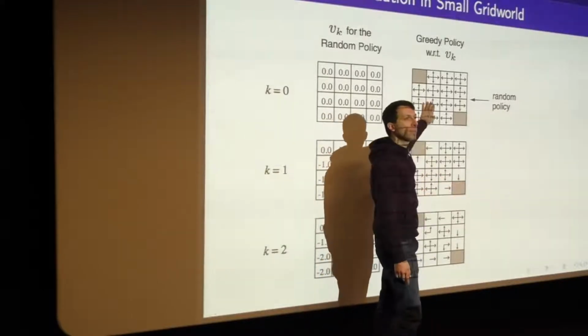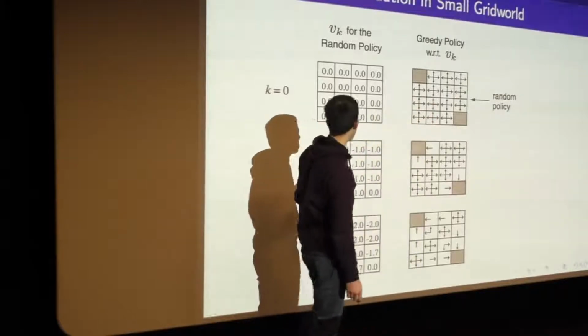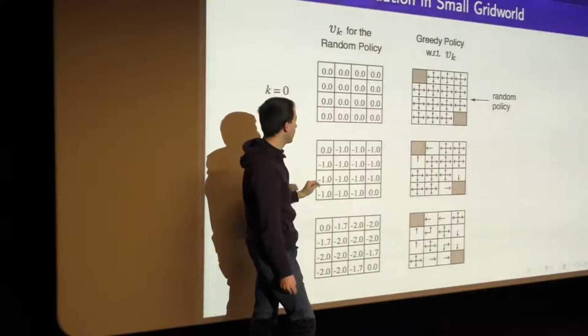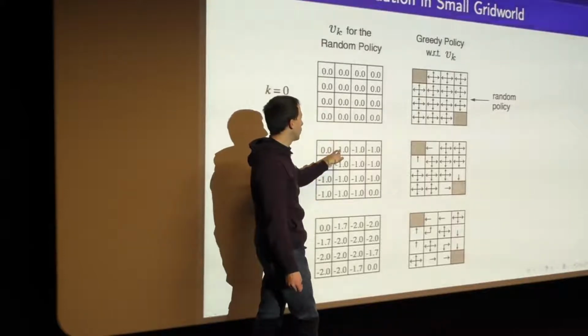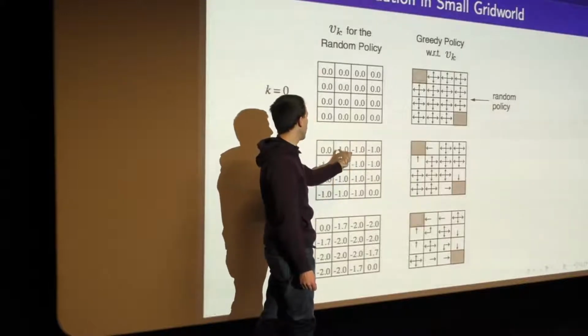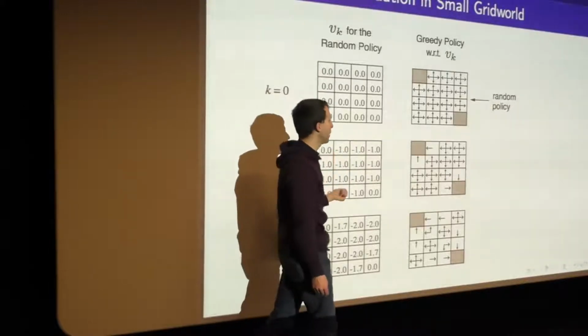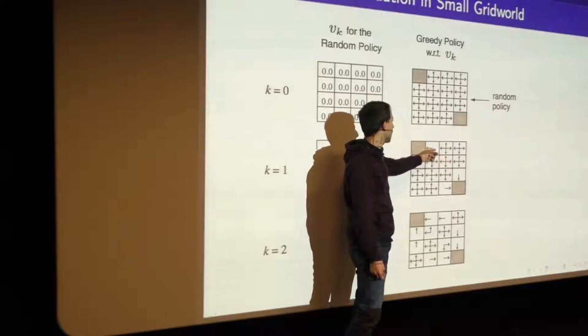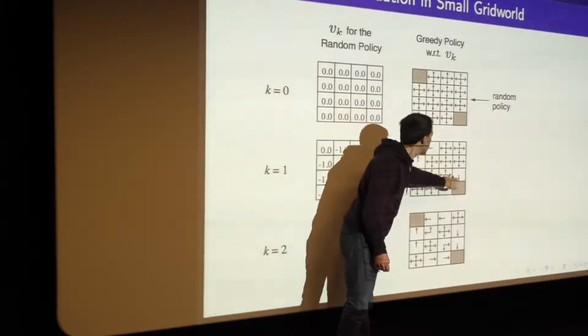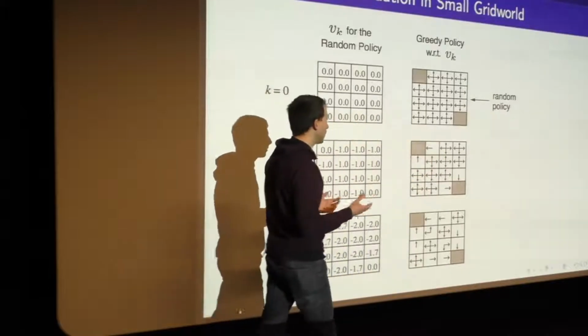So we start off with a random policy, but after one iteration, we're already doing something non-random. Say we're in this state here: we can see that going north, east, or south has a value of -1, but going west has a value of 0. So we prefer to go west here. And we can start to see that we fill in more reasonable values.